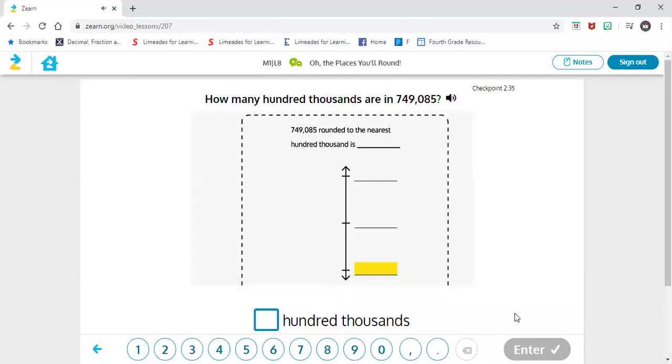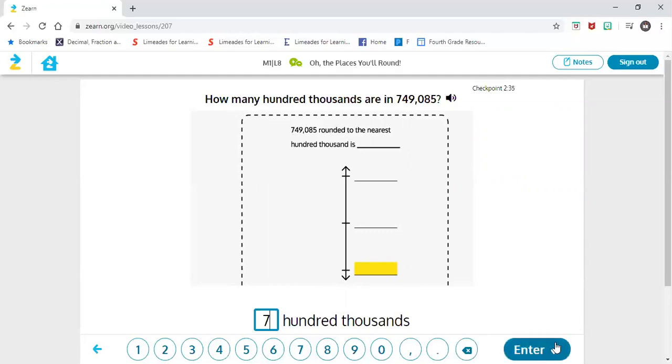Okay, so we definitely have to find our place value. So we're rounding to the nearest 100,000s. So we need to find out what number is in the 100,000s place. So I'm looking at ones, tens, hundreds, thousands, 10,000s, 100,000s. So I have 7 in my 100,000s place.